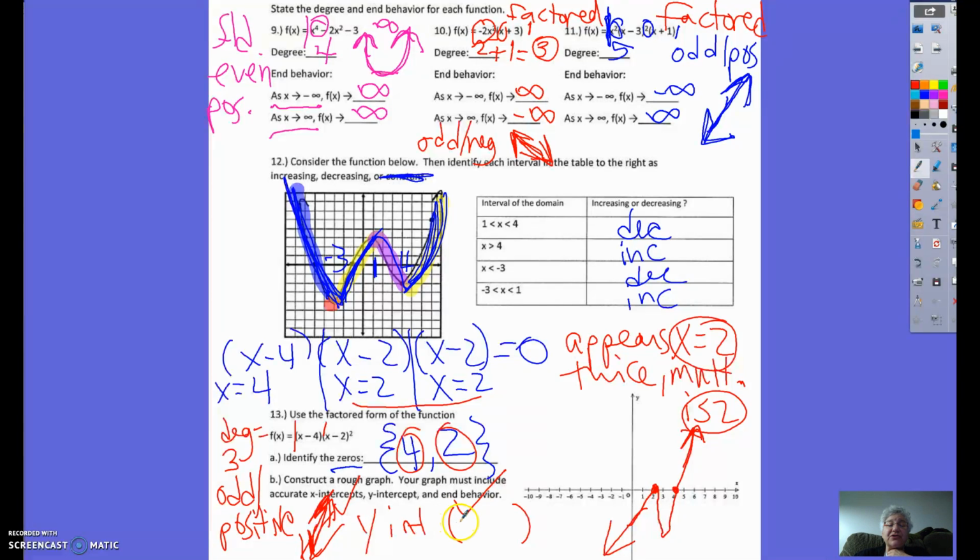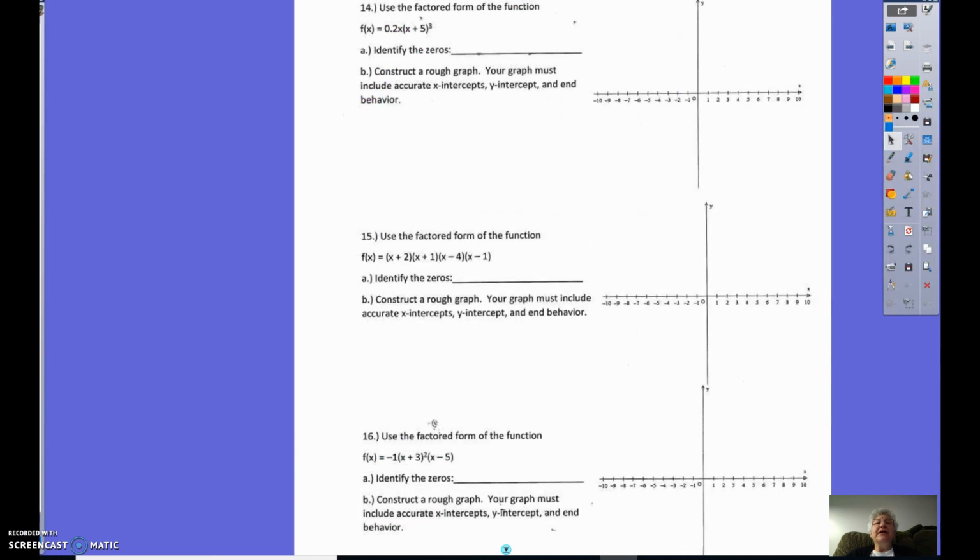My calculator is going to say that my y-intercept is (0, negative 16). So for my y-intercept, if I don't have any values on the y-axis, I'm going to label the 1 point on the y-axis negative 16, and then that would be considered a complete graph.